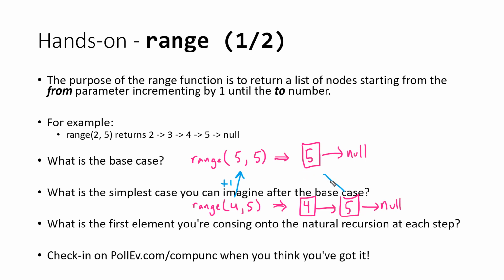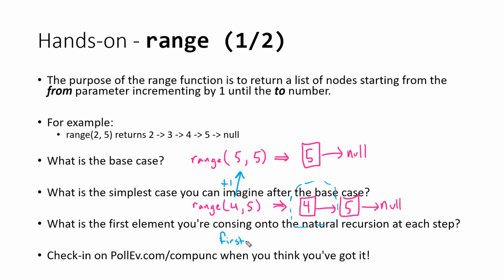So if our initial list at our base case in this example call was just 5 followed by null, well, the only thing that really changed is we consed 4 onto 5 followed by null. So this is our recursively built up list. So now the question here is, what is the first element we're consing onto that? Well, the first element is going to be our first parameter, right?